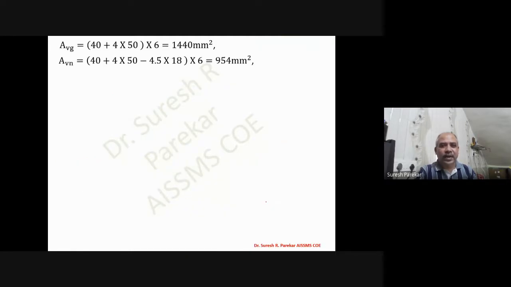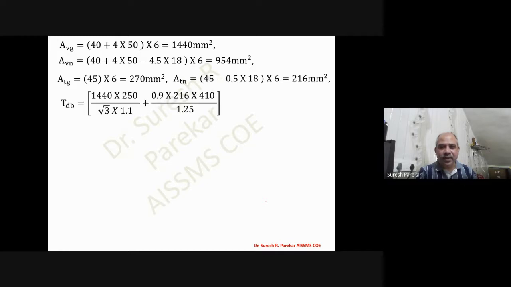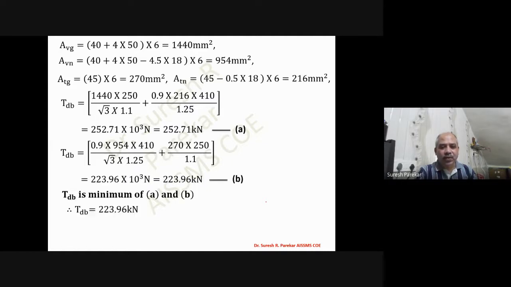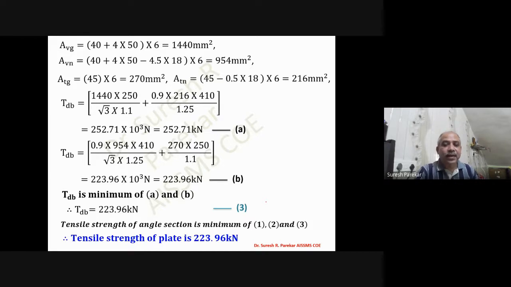So we have calculated AVG and AVN, and ATG and ATN are also calculated, and by substituting these values we have the A part TDB1 and the B part TDB2. The minimum of these two we are going to take as the TDB value, that is the block shear strength, and the minimum of the 1, 2, 3 gives me the tensile strength of the angle section, which I got as 223.96 kilonewton, which is for your block shear strength.